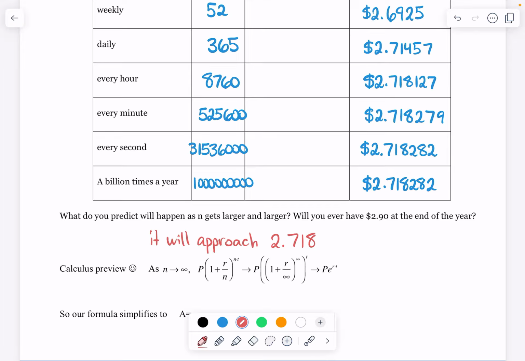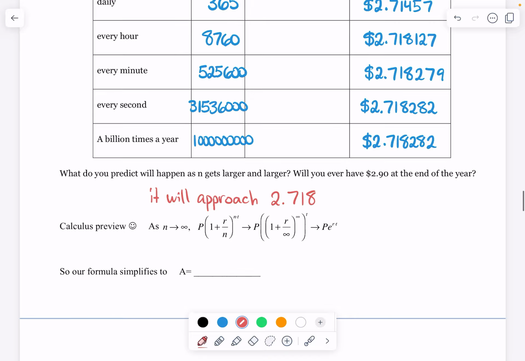This number is called Euler's number. It is represented by the letter e. This came up really briefly in our last lesson. We saw it show up once. And so e represents that value.